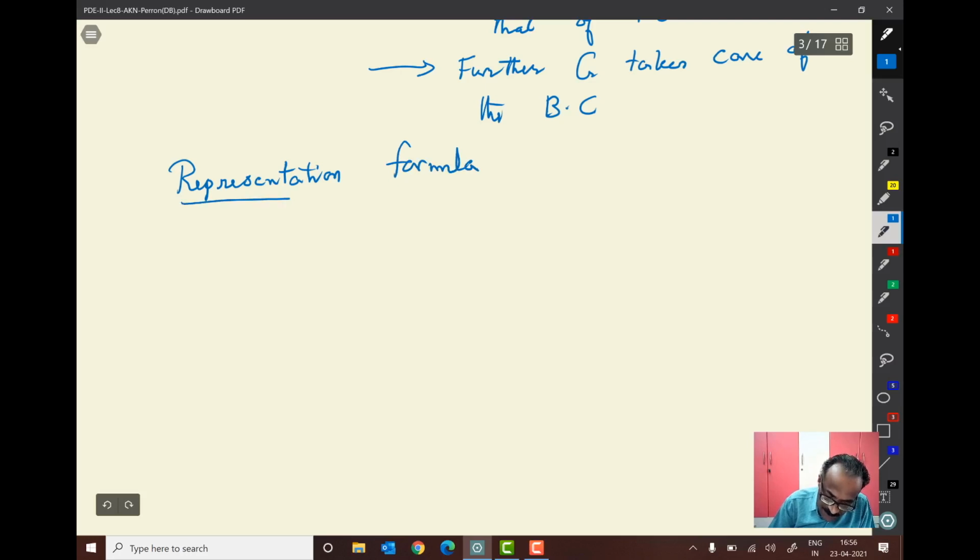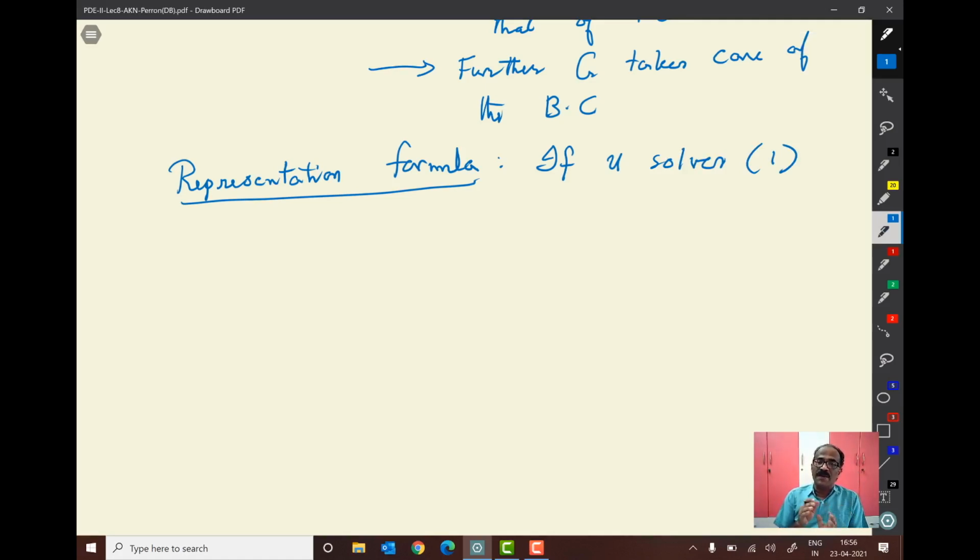This is a representation in the sense that if you solve in a classical way the problem minus Laplacian u equal to f in omega and u equal to g on the boundary, then u has a representation. That doesn't mean that this will be a solution, if you just write this one.